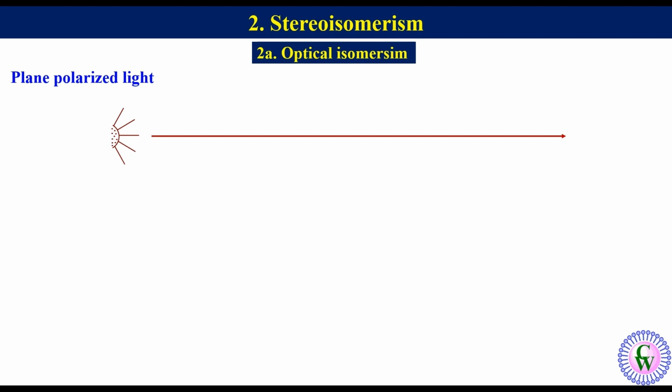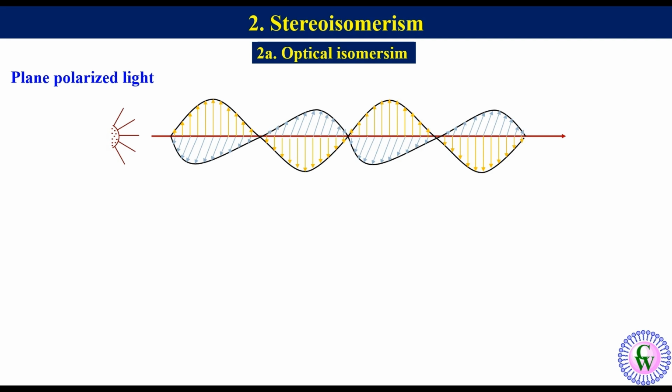The oscillations in two different planes perpendicular to the direction of light can be shown like this. Here we have shown only two for the sake of simplicity, but in reality these are infinite in number.